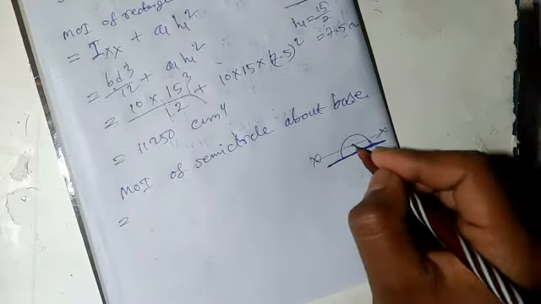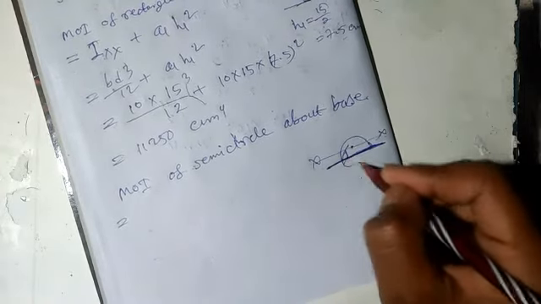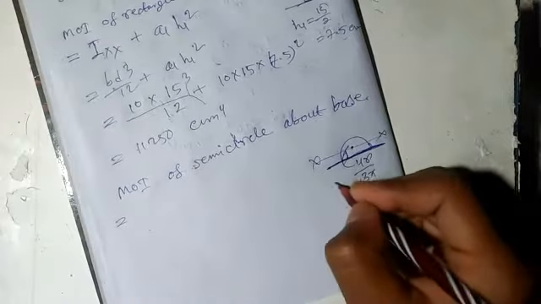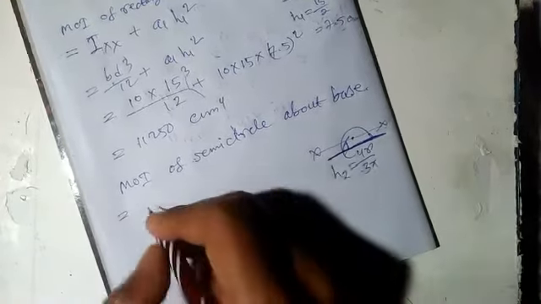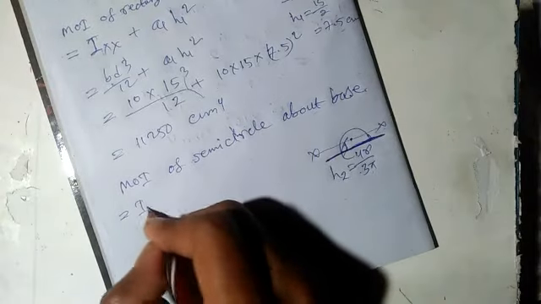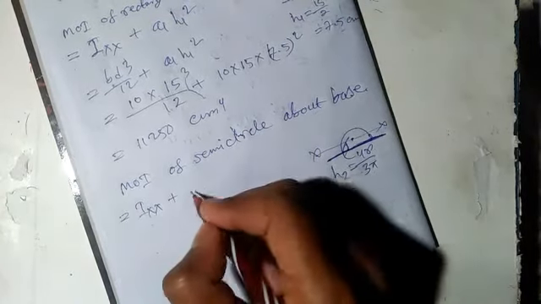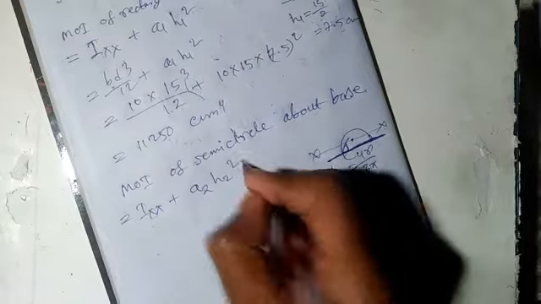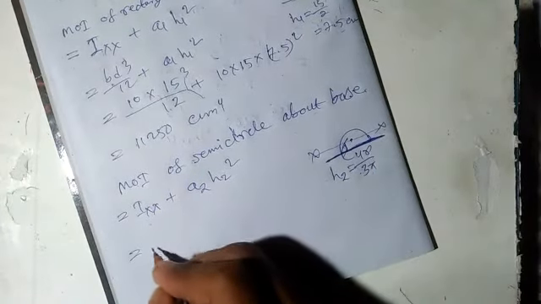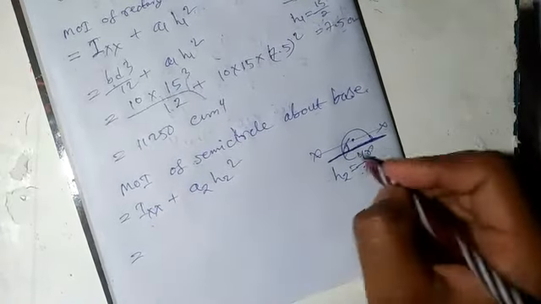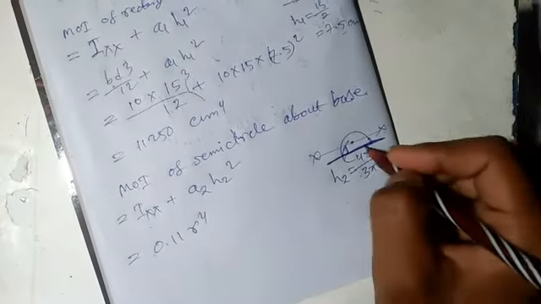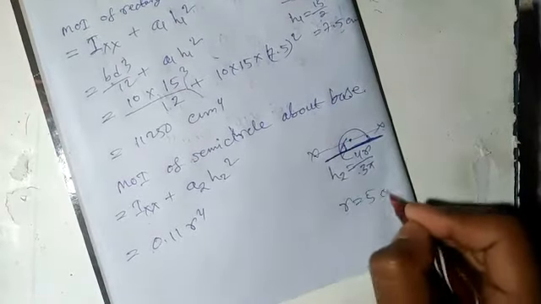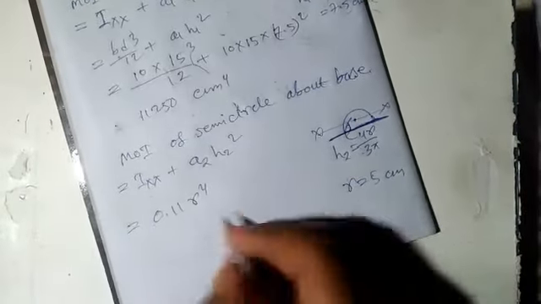We know the position of the centroid from the base is this distance, 4r by 3 pi, that will be h2. Similarly, Ixx plus A2 h2 squared, where A2 is the area of the semicircle. Here Ixx for a semicircle is 0.11 r to the power 4. Here r is 5 centimeter, the radius of the semicircle.